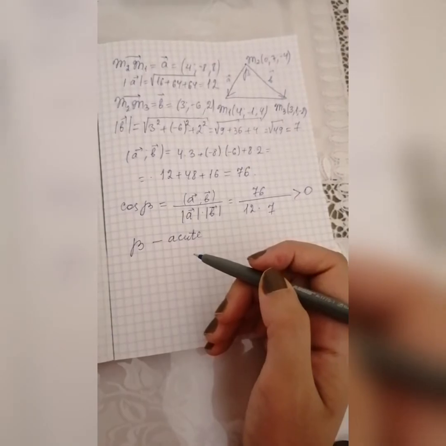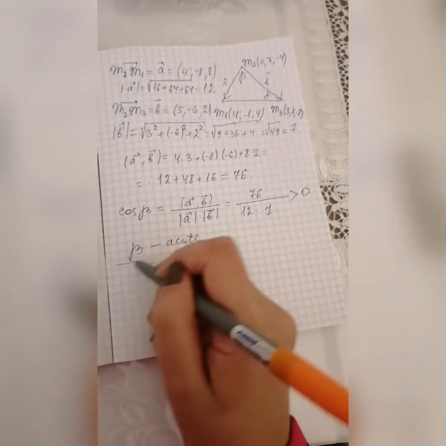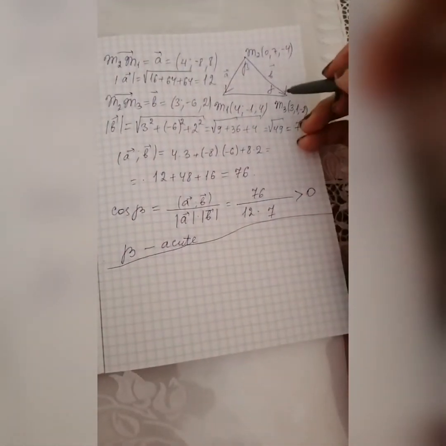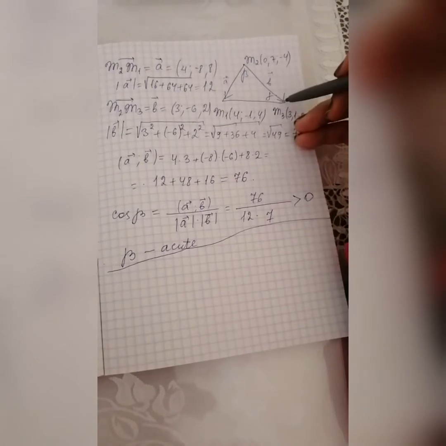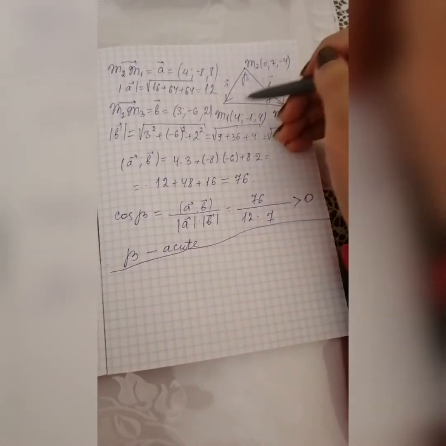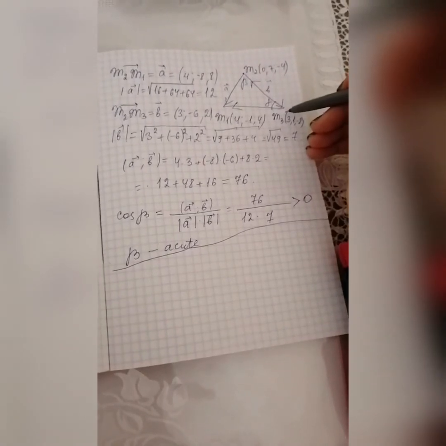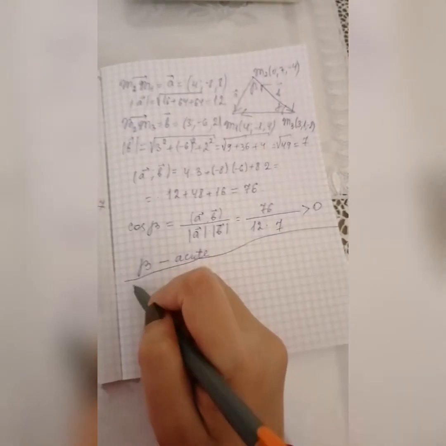So we have to find the angle gamma also. The vectors m3m1 and m3m2 define an angle at m3, and we can call this angle gamma.